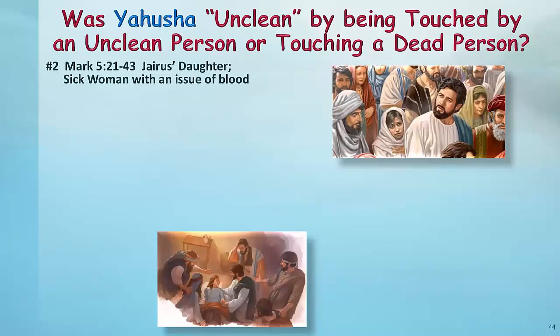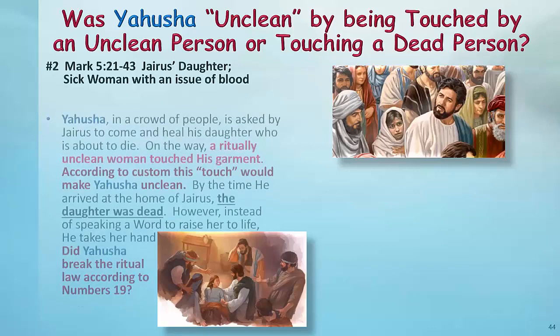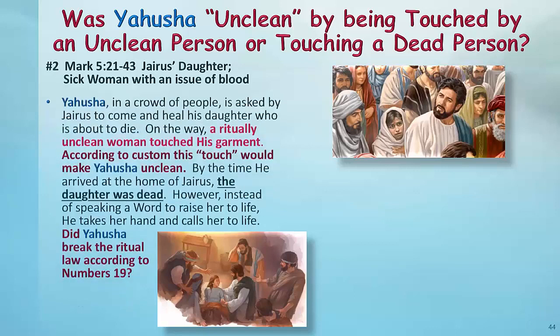Number 2, Mark 5:21-43, Jairus' daughter, the sick woman with an issue of blood. Yahusha, with a crowd of people, is asked by Jairus to come and heal his daughter who is about to die. On the way, a ritually unclean woman touched his garment.